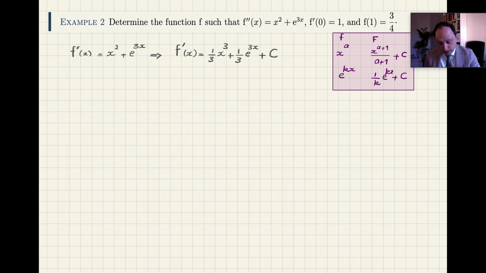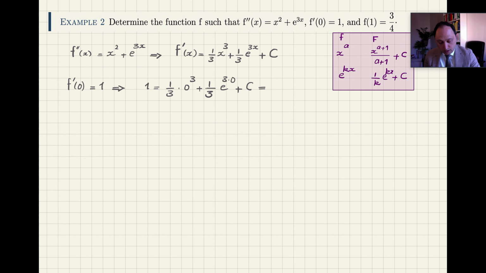So let us just do that. This is given that f prime of 0 is equal to 1. So this means that 1 is equal to 1 over 3 times 0 to power 3 plus 1 over 3 e to the power of 3 times 0 plus c.